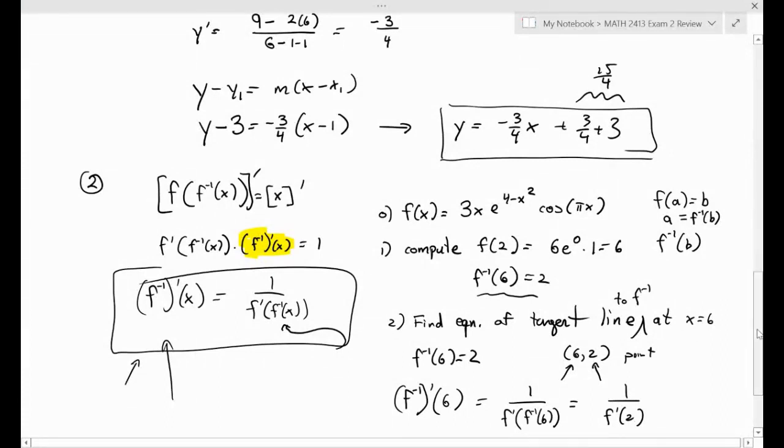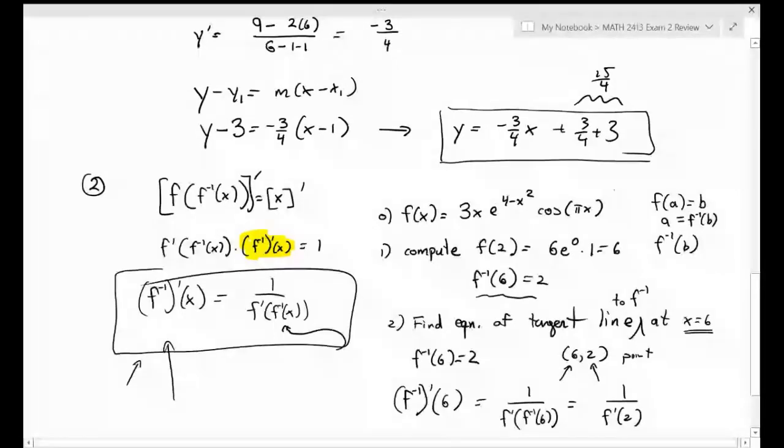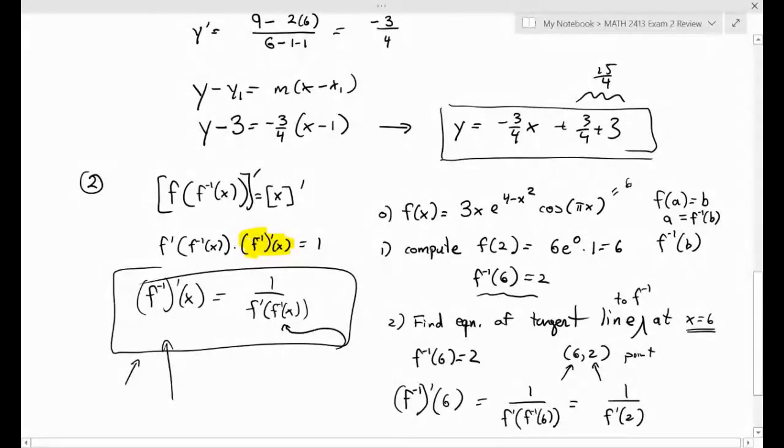If I may ask, how do we decide which value of f to compute in the beginning? Why are we computing f of 2 specifically? Oh, I just didn't state the problem really well. I said, find the equation of the tangent to f inverse when x is 6. If I set f of x equal to 6, it'd actually be very hard to solve for x to find that it's 2. So I kind of gave you a hint: f at 2 is 6.